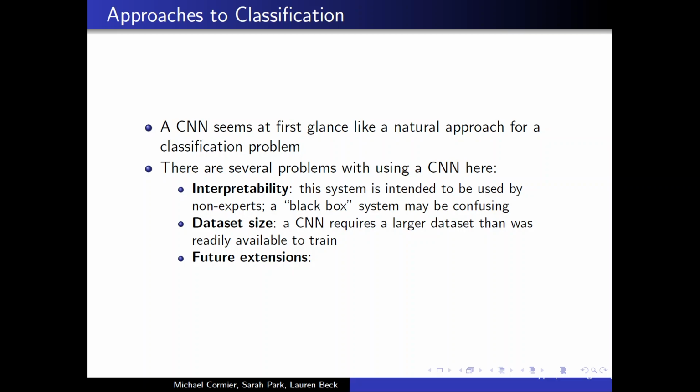A 400 image dataset is also likely to be too small for training most modern CNN architectures. And finally, we would like to be able to extend this to incorporate other information such as publication date or location, which may provide useful information for classifying these images. And this would be difficult to incorporate into a convolutional neural network architecture.